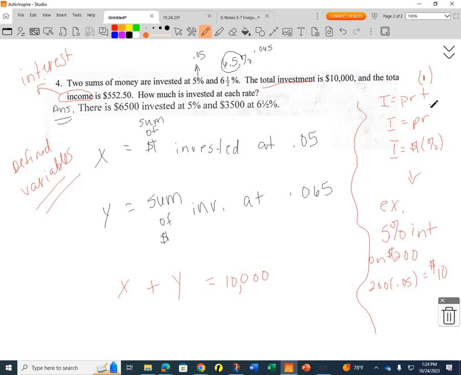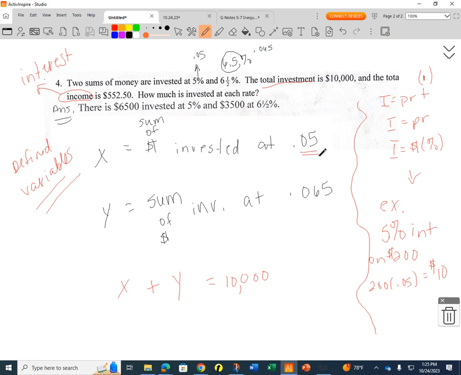Now, total income is 552. So when we take a test on this, the total investment is not going to have the percent or the decimals in it, right? They're just going to have the x's and the y's. The second equation's got to have this 0.05 and this 0.065 in it. So look, the 0.05 goes with the x.